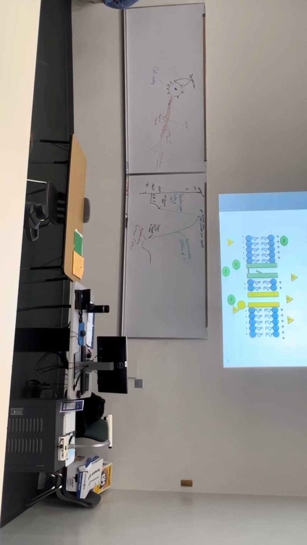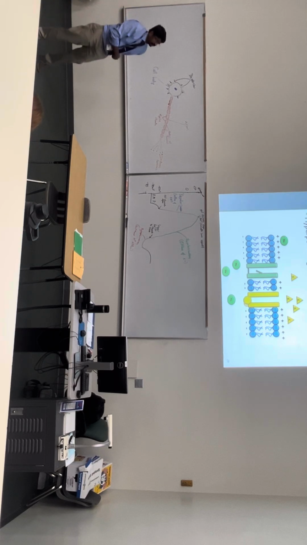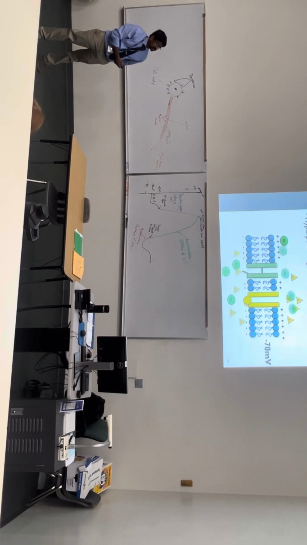So before it closes, a few more potassiums leak out, lots of positive charges leave, and it becomes more negative. That's the hyperpolarization phase. So this is the action potential, the change of ions at each spot. Then it resets.